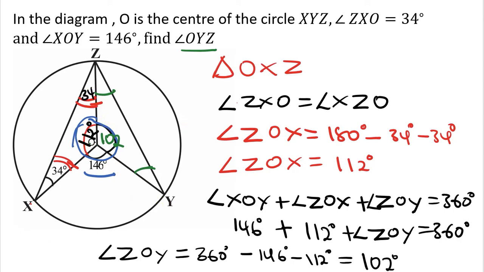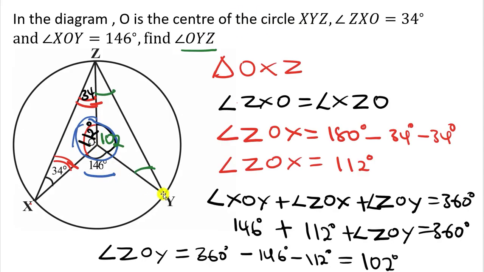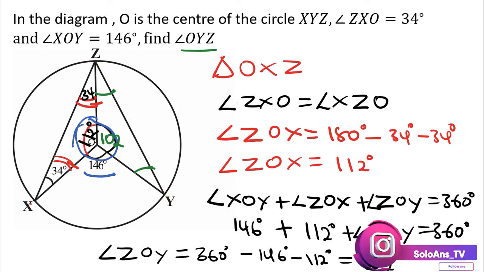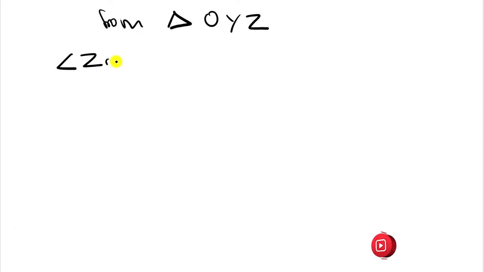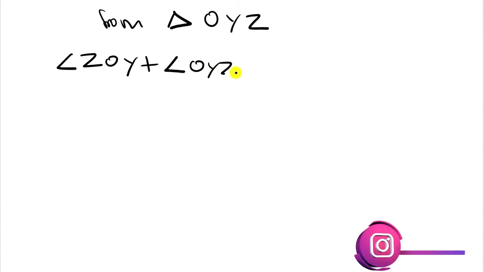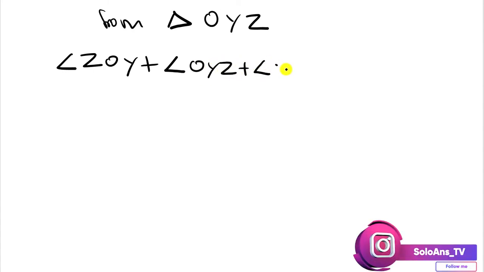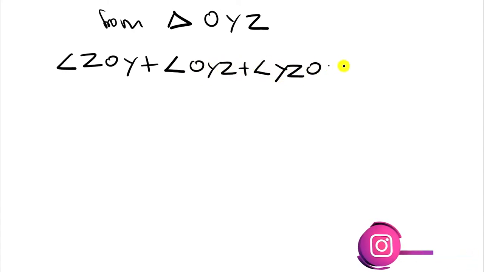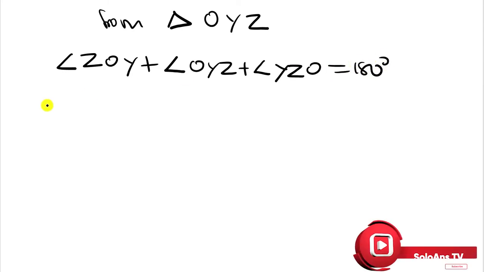Then from triangle OYZ, we can conclude that our angle ZOY plus angle OYZ plus angle YZO will be equal to 180 degrees.